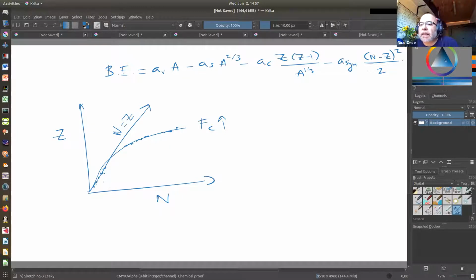So this is the phenomenon that we see here, (N minus Z) squared. So the larger the difference between neutrons and protons, the less bound, remember, because all these terms are subtracting, the less bound will be the nucleus.